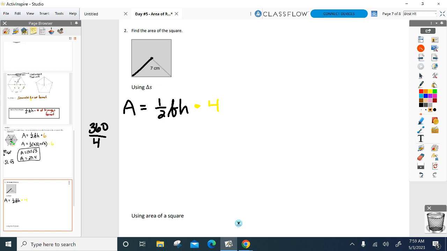Draw on your height. What did I just make? 45, 45, 90, right? If that angle was a 90-degree angle up top, I just bisected it. And now I made a 45, 45, 90.